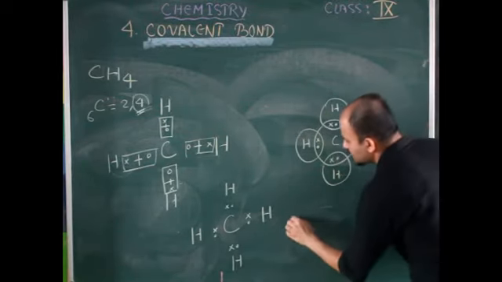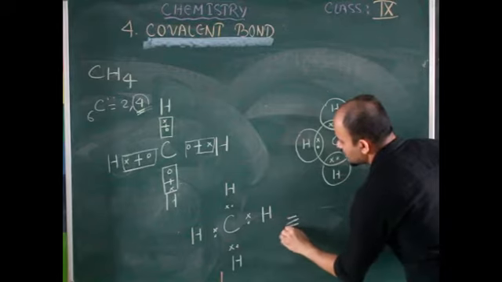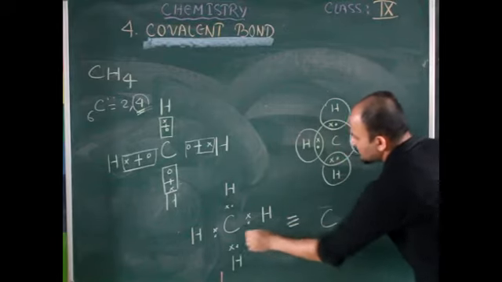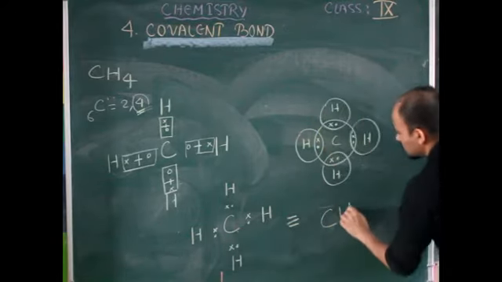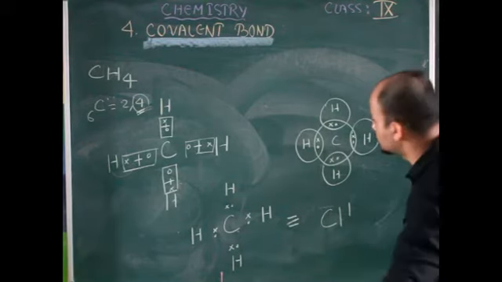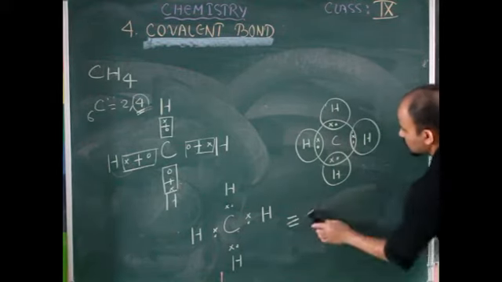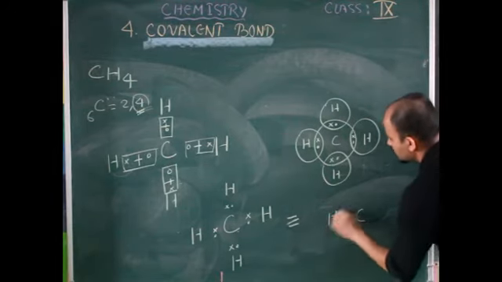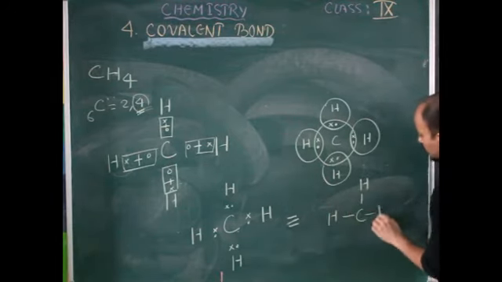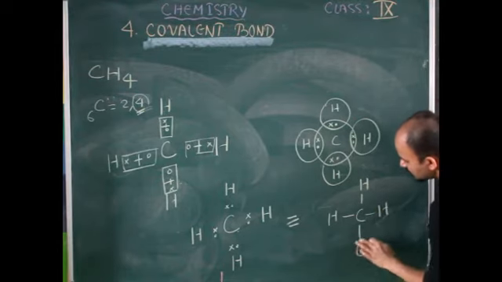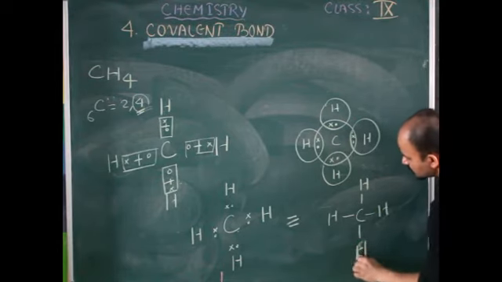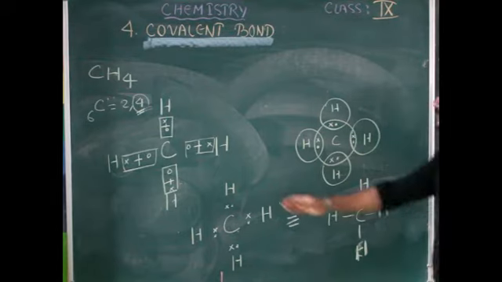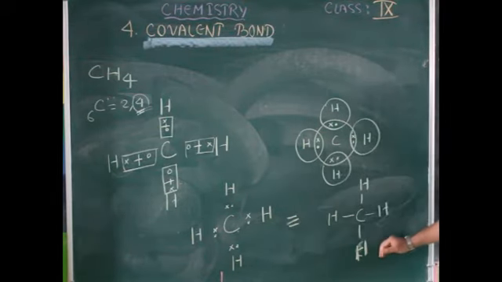Therefore, this can be represented as C and how many hydrogens? First we will show a bond formation between them: carbon-hydrogen, carbon-hydrogen, carbon-hydrogen, and carbon-hydrogen. So this is the electron dot structure of methane.